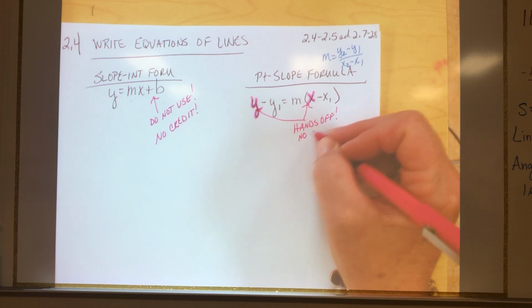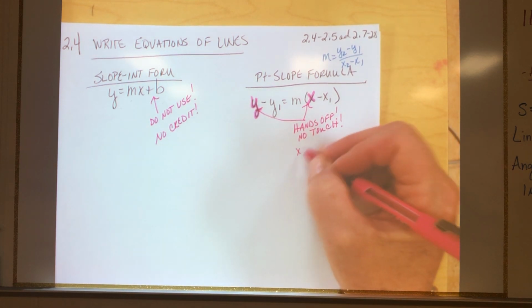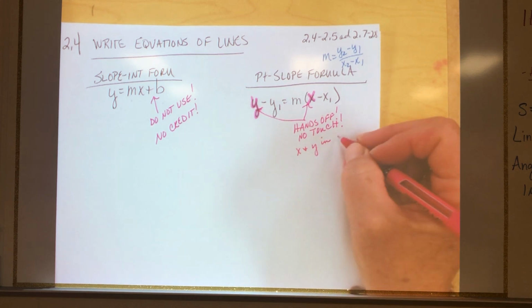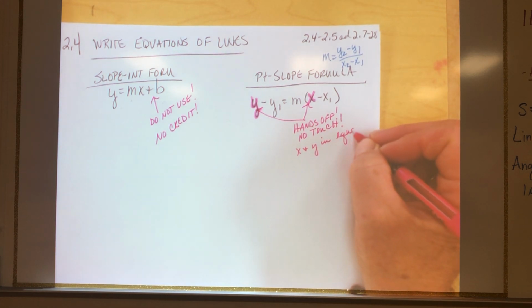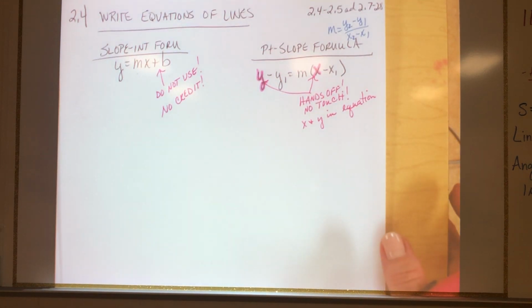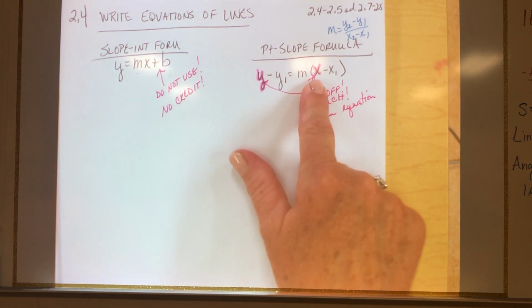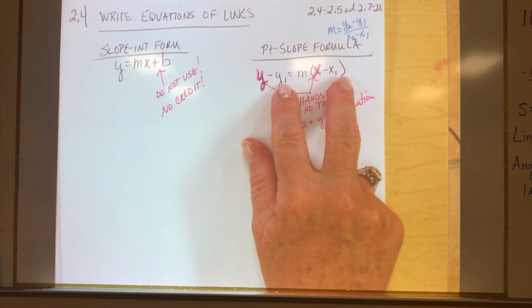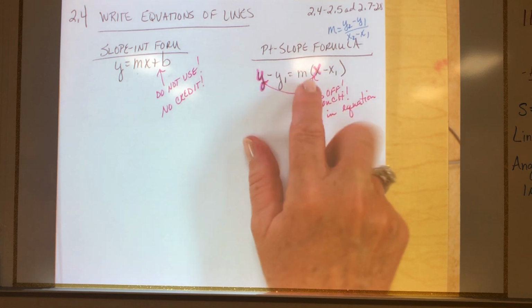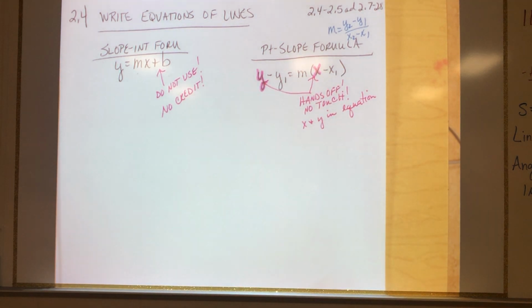No touch. Those are the x and the y that you will be left with in your equation. If you have an equation of a line, it has an x and a y in it. That is this x and this y. So obviously my point is going to be x sub 1, y sub 1, and my slope is going to be this m.